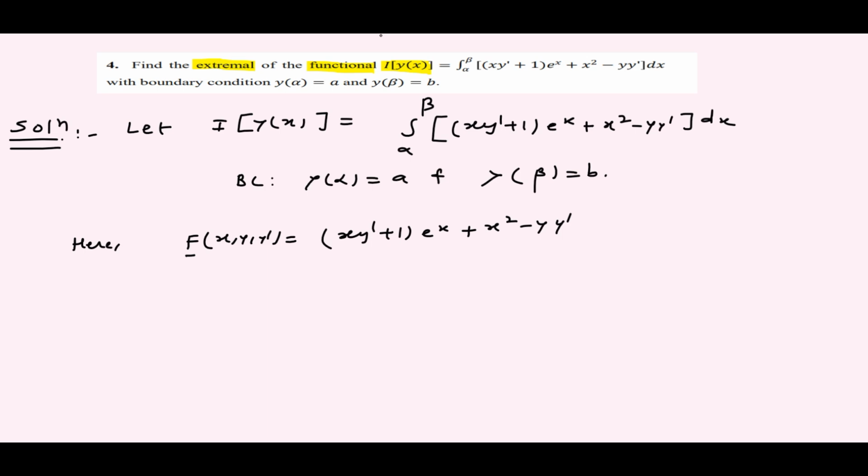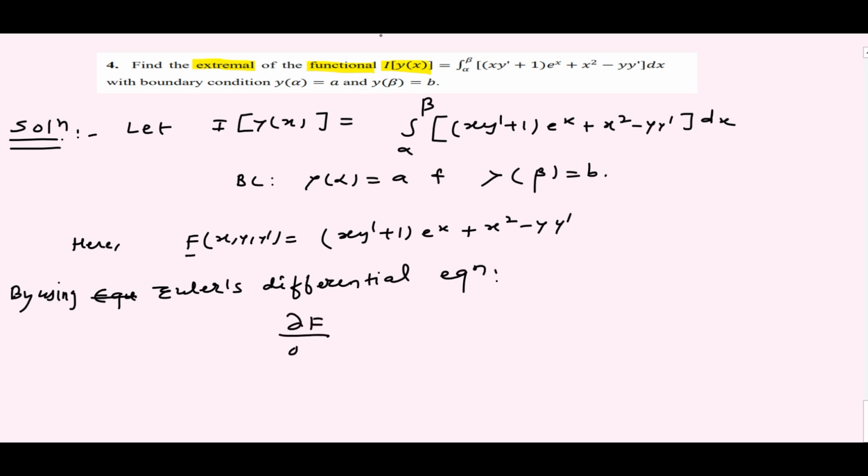So we will use Euler's differential equation. So we can write by using Euler differential equation, that is del f over del y negative d over dx of del f over del y dash is equal to 0.